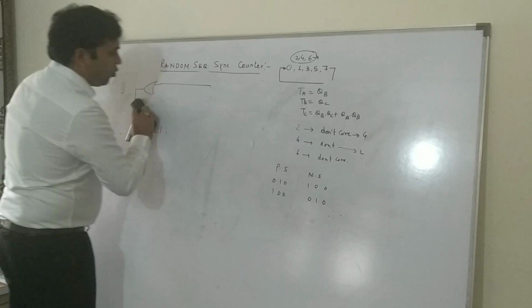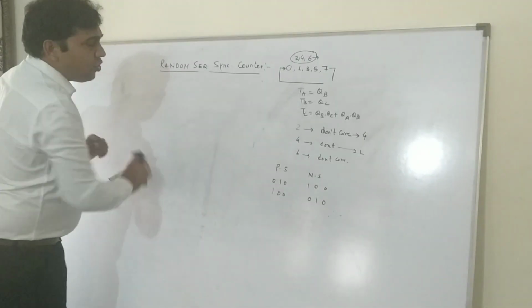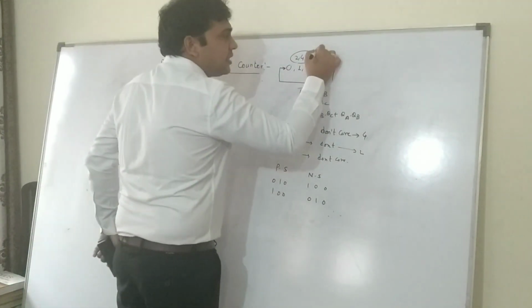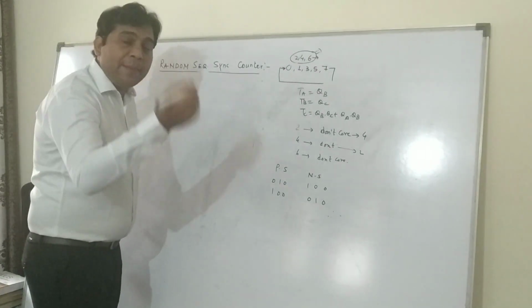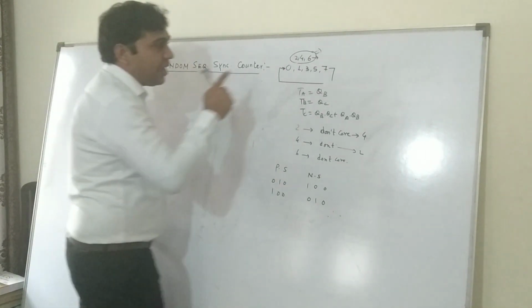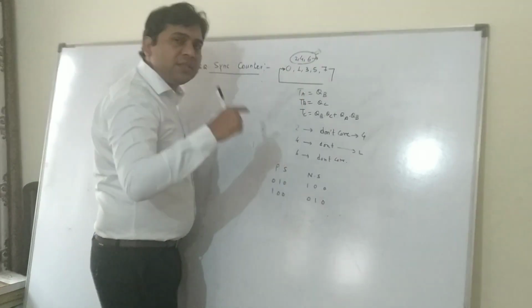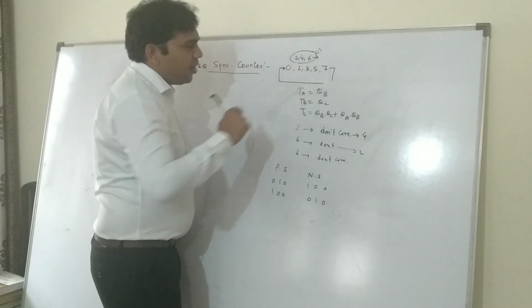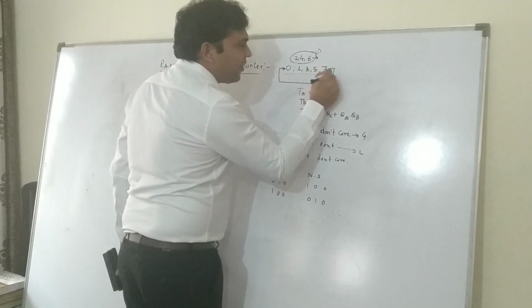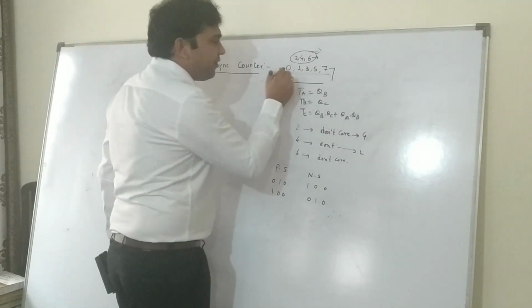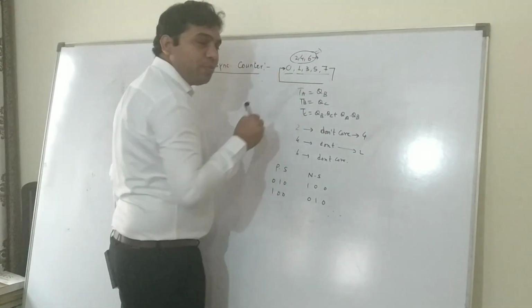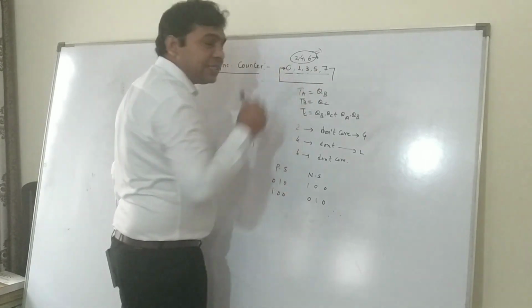So this I can remove. I need to check only for these 3 states. What I have assumed is that for state number 2, state number 4 and state number 6, the next state is don't care. But for the other states I have already specified that whenever 0 comes, the next state has to be 1, and whenever 1 comes, the next state has to be 3.